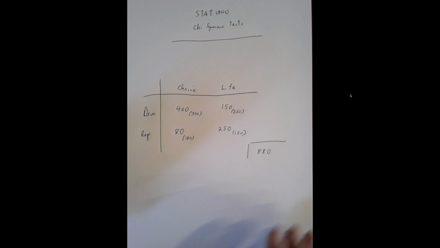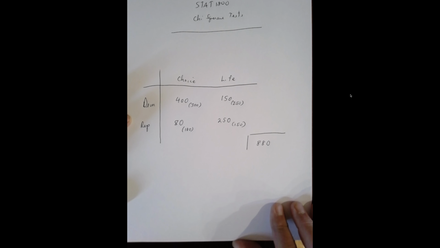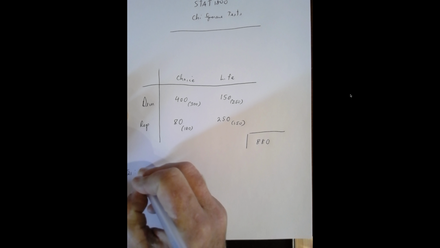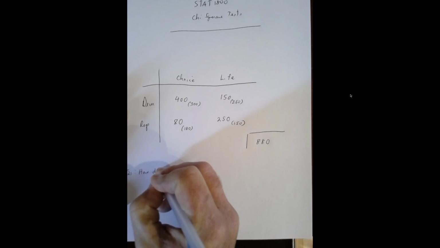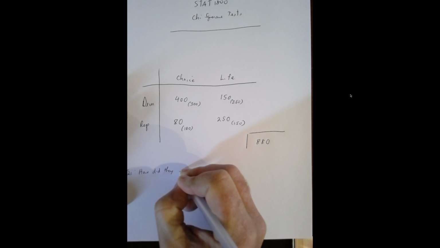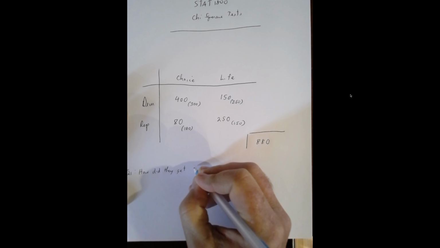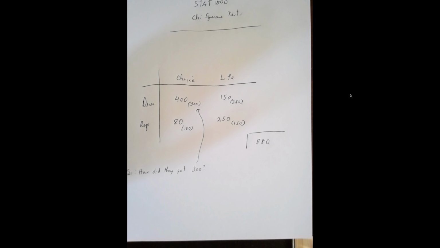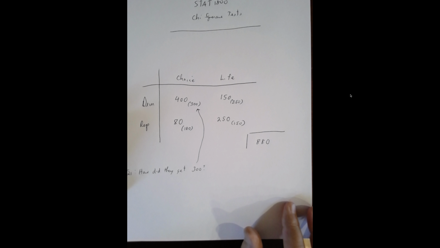Now, the first thing that we would do is question number one: how did they get the 300? How did they get that expected cell count of 300?